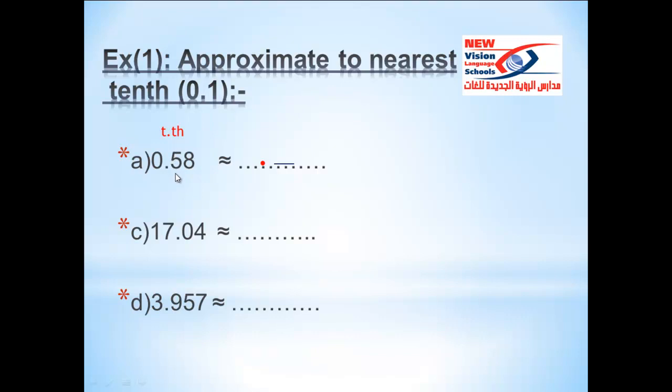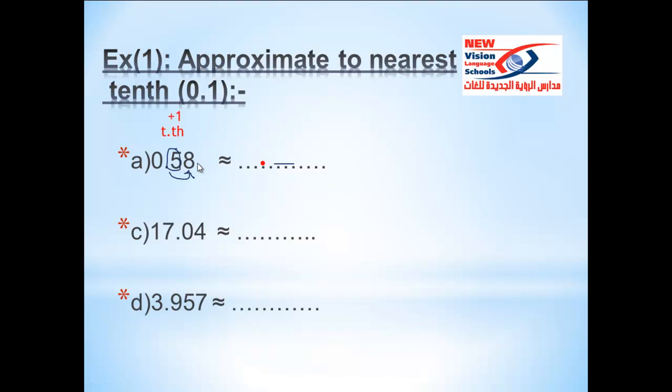So make a circle on it and look at the right. Knock the door to the right. Ask 8: are you rich or poor? Yes, 8 is rich, so it will give 1 up to the next number.